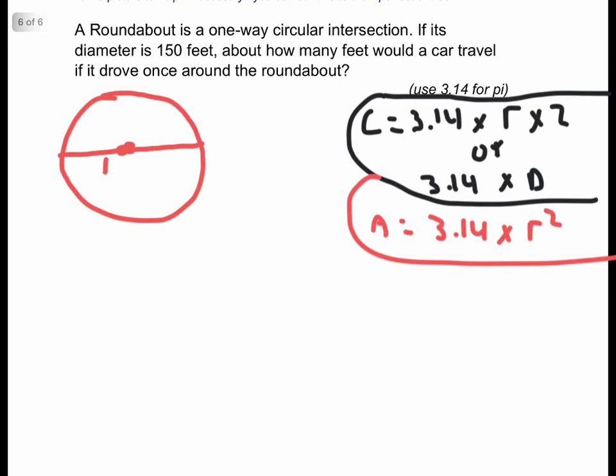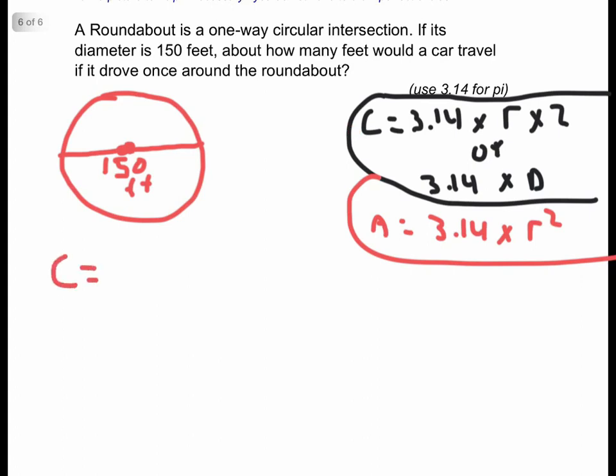Let's rewrite that. 150 feet across. How many feet would a car travel if it drove once around? Well, let's just think about this. Let's say the car started here. If it drove once around, we are finding the distance around the circle, and that is our circumference. So we want to solve for circumference.